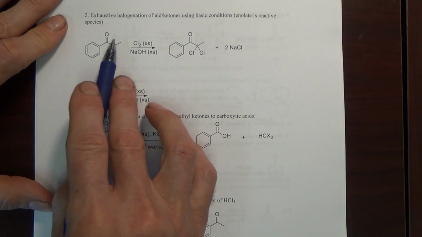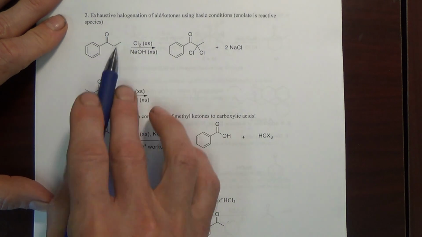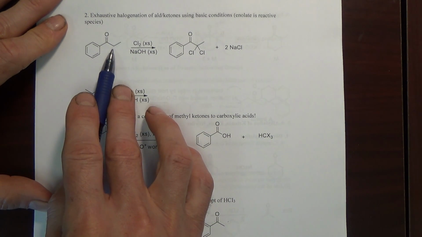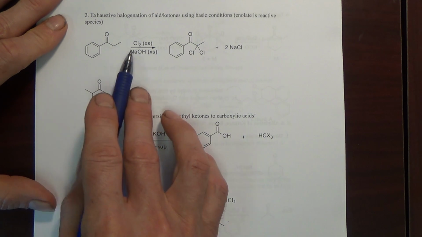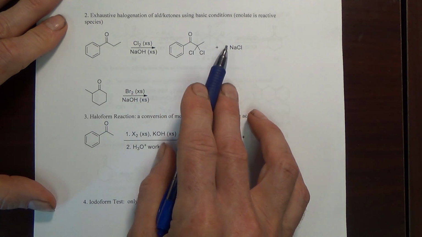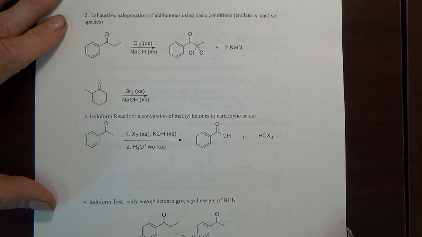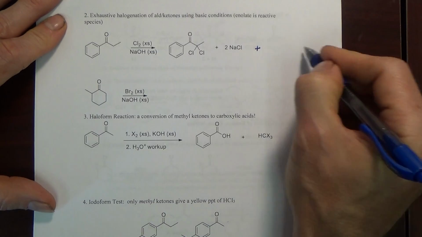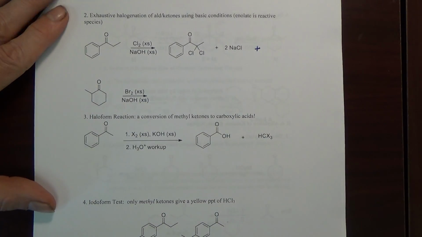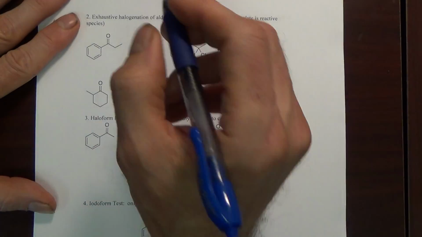And when we replace them all, it's called exhaustive halogenation. All right. We're going to make 2 equivalents of sodium chloride, and we're also going to make something else there if we want to completely balance that. Now here we're under basic conditions.